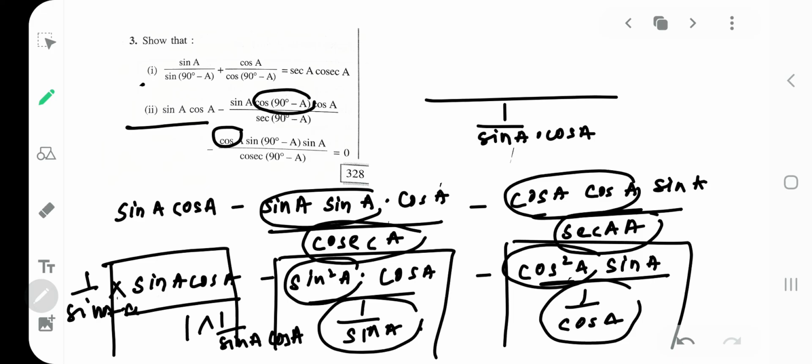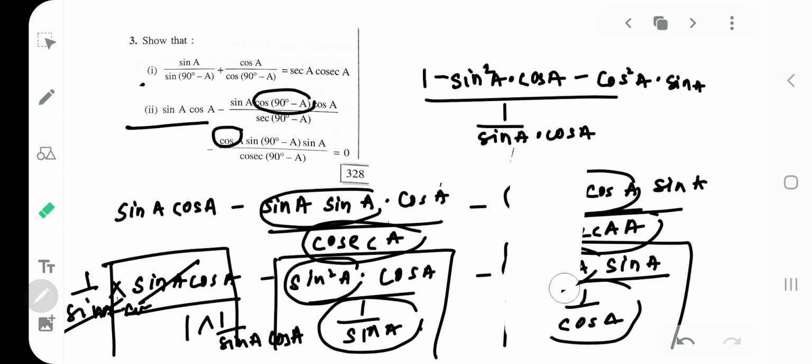Once I multiply with the numerator elements will be cancelled. So I will have 1 minus sin square A into cos A minus cos square A into sin A. Got? Shall I just erase this?